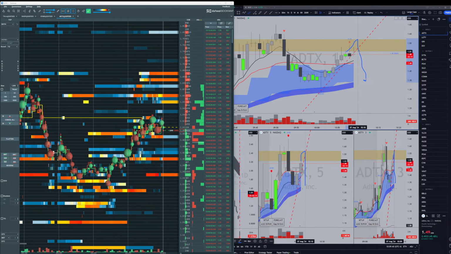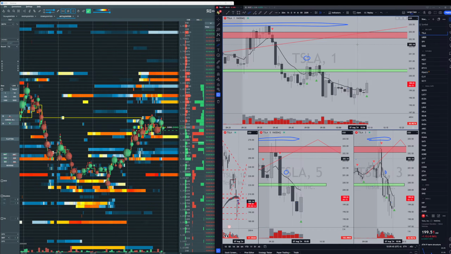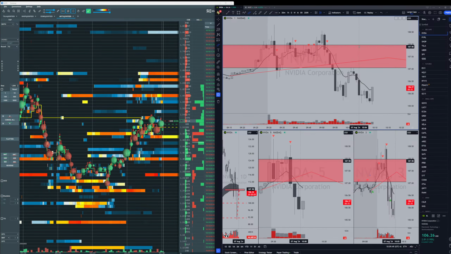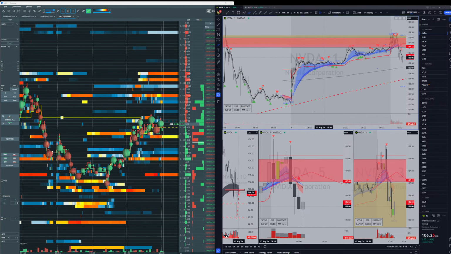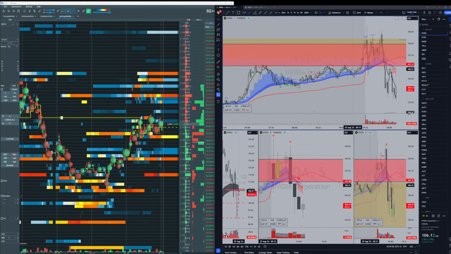Still grinding, so a little bit of patience. Let's check meanwhile. Tesla, no play. Nvidia over here. Still in that previous trading range and in this pre-market range, so waiting.